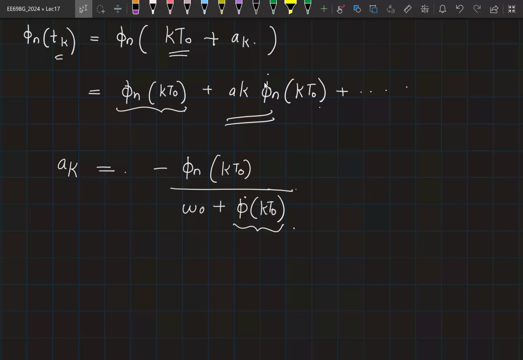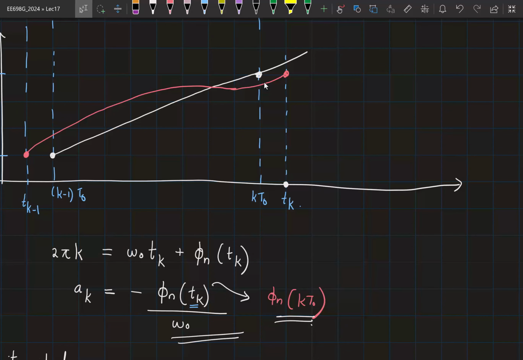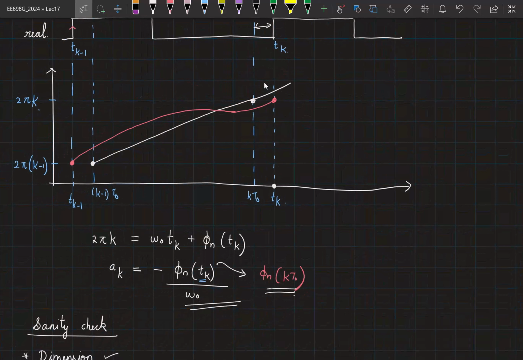And for most signals that we'll deal with, this change is going to be very, very small. So small that it can be ignored compared to the omega naught. Right, it is a slope. But in the diagram we have seen the slope was around 45 degrees. That is the plot of the total phase.